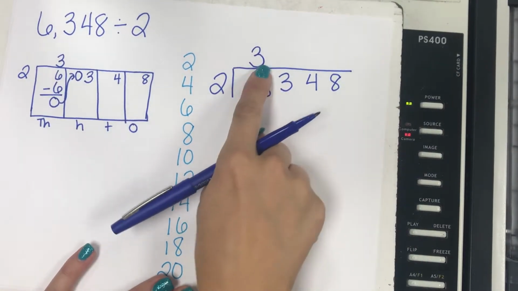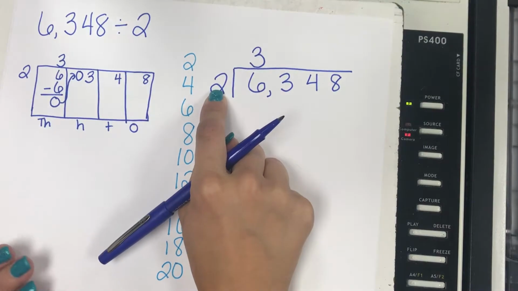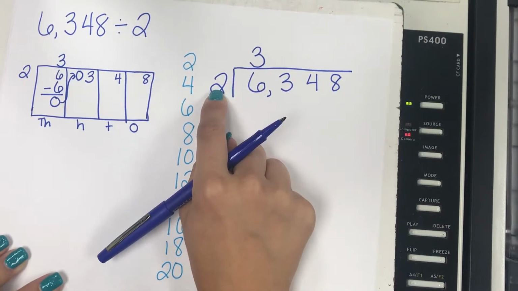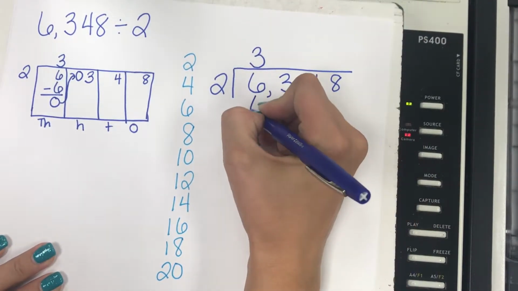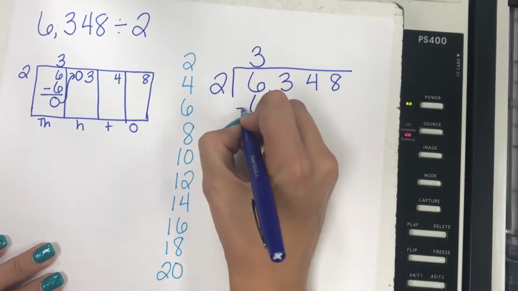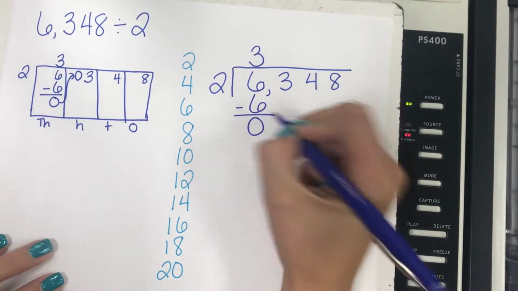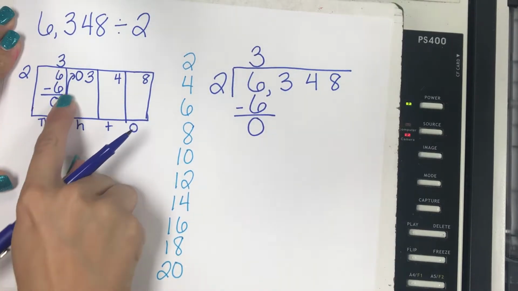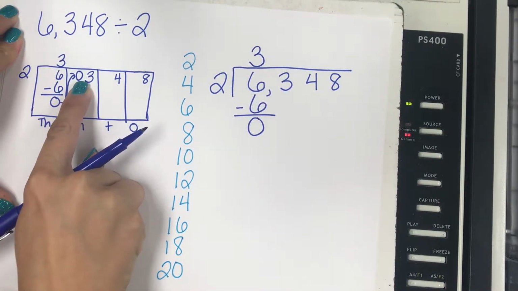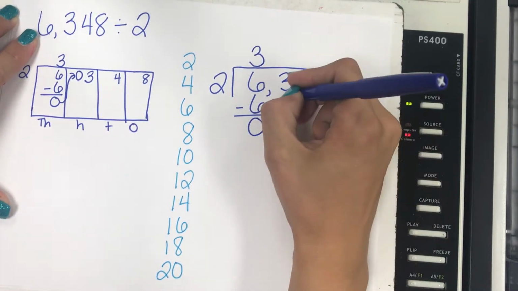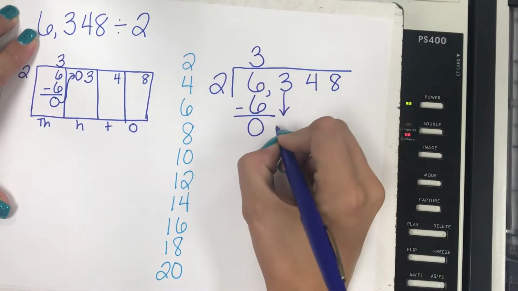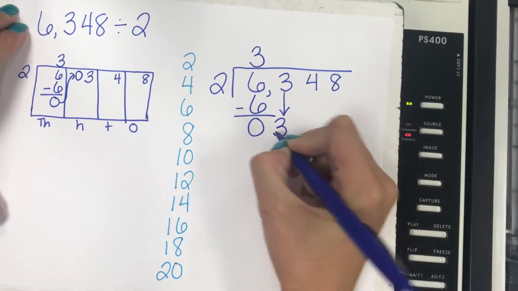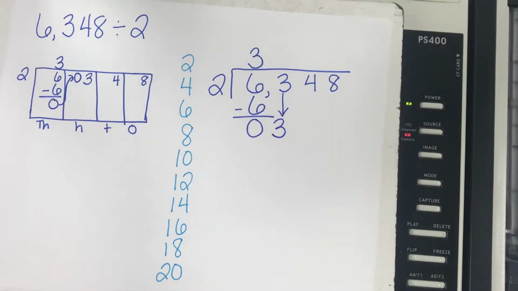If I put 3 in each of those 2 groups, how many did I use? 6. So how many are left over? 0. Now, instead of bringing my 0 thousands over to my 300s that I already had, this is where it looks different. I'm just bringing it down.